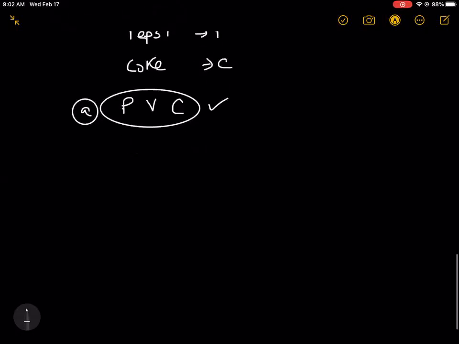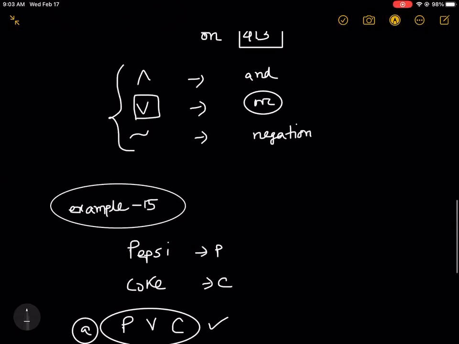Okay. Next one says, I like Pepsi and I like Coke. And for and, we'll use this upside-down V. Okay, so that's like a mirror image in terms of the x-axis. If you have a mirror here, if you put a V here, this mirror will give you an image like this.